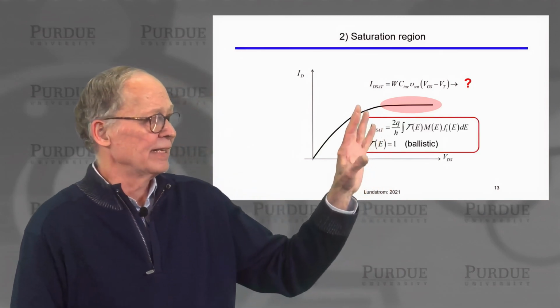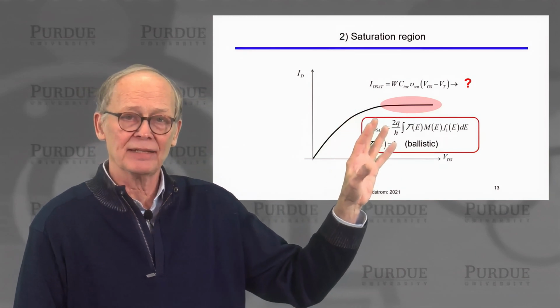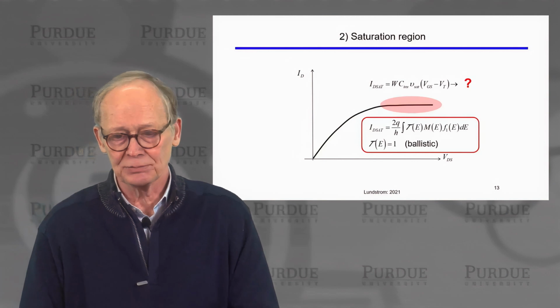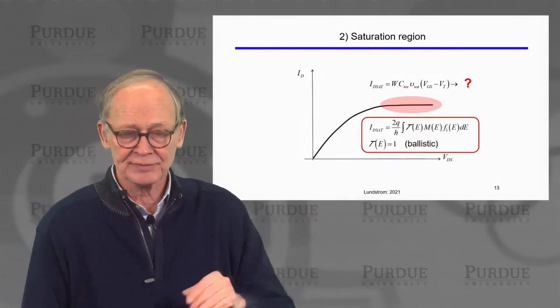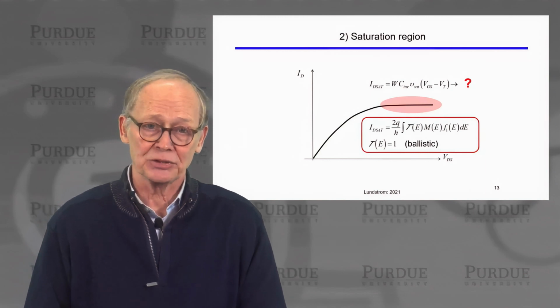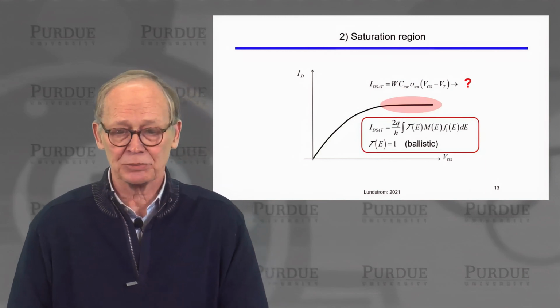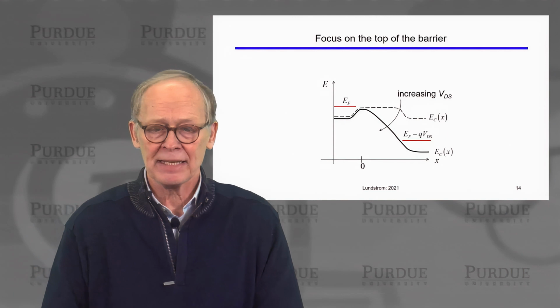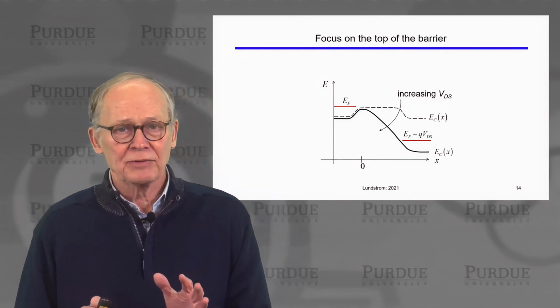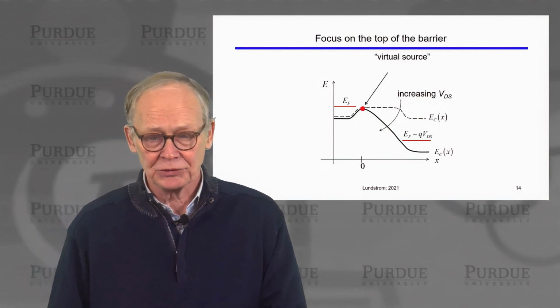Well, we'll take the current expression that we had, that we simplified for high bias on contact 2, that made F2 0, and we'll have to work that out under the assumption that the transmission is 1. Then we'll have our expression for the saturation current in a ballistic device. So we are going to be focusing now on the virtual source.